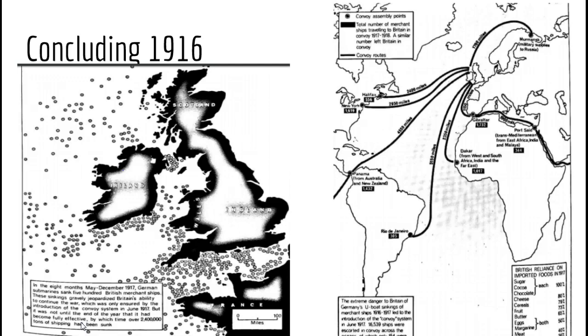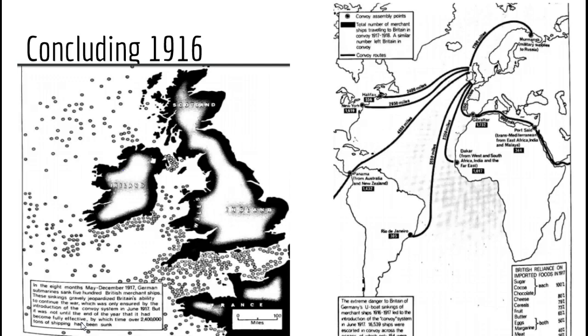The Germans do pledge on May 4th, 1916 to stop the policy or to pause the policy of unrestricted submarine warfare, and they pledged that to Woodrow Wilson in the United States in something called the Sussex Pledge.